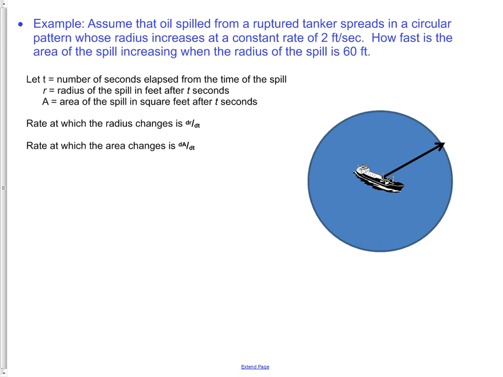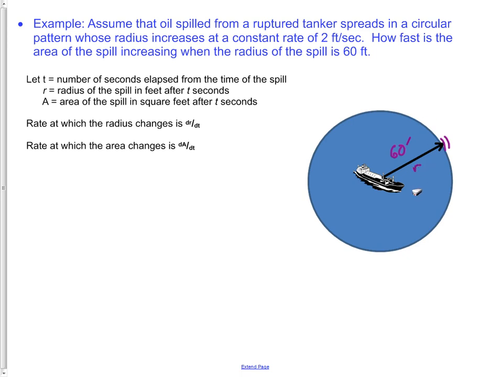So, all right, we've got this situation right here. Our oil spill is at 60 feet, the edge of it, right? 60 feet away from the tanker and spreading. And we know how fast it's spreading, right?